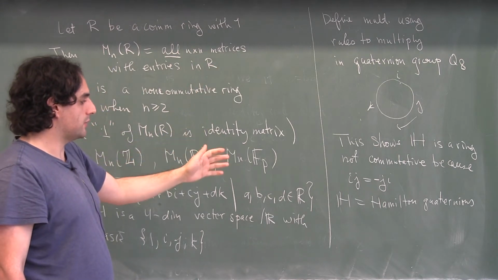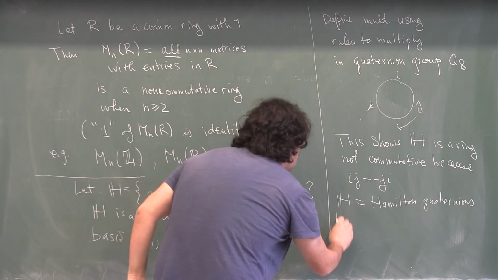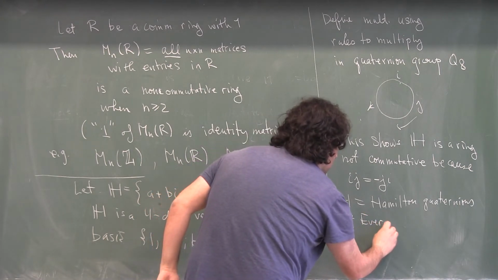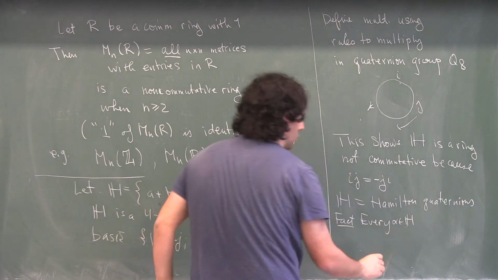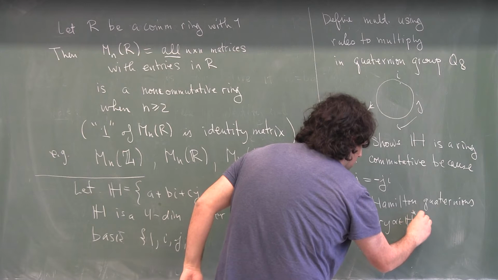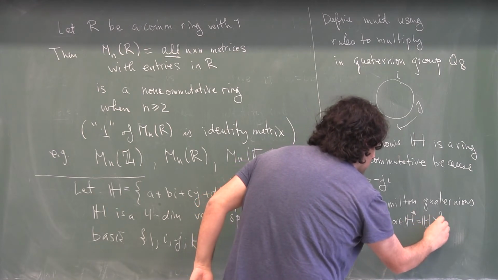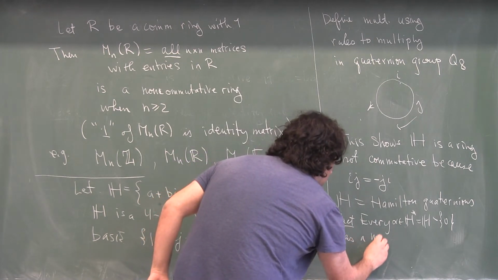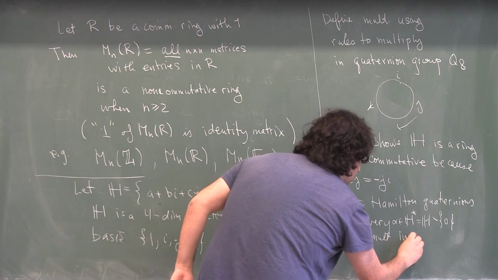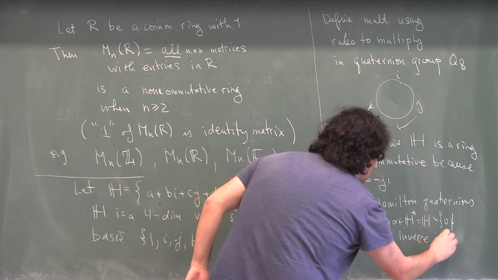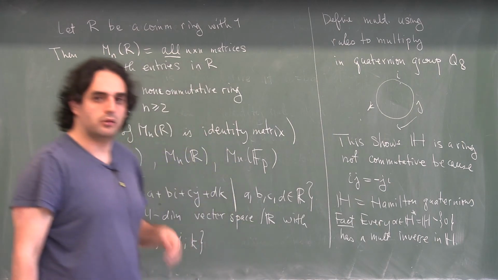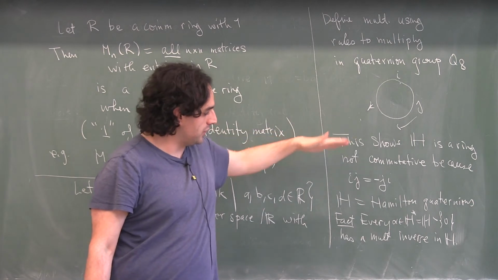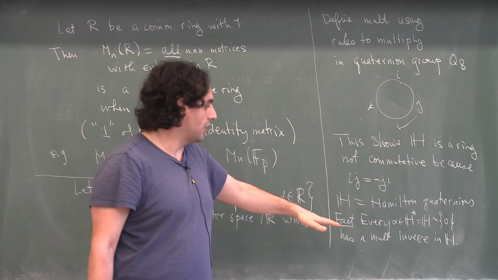This ring has the special property that every alpha in H star, by which I mean H minus 0, has a multiplicative inverse in H. Okay? So at the same time, it's not commutative, but it has this property.